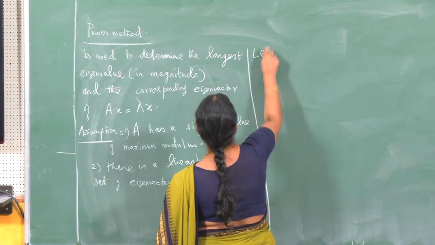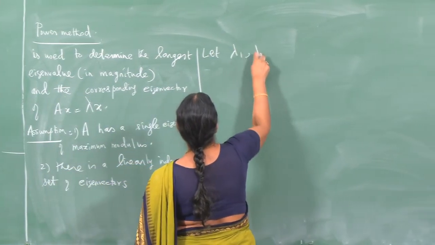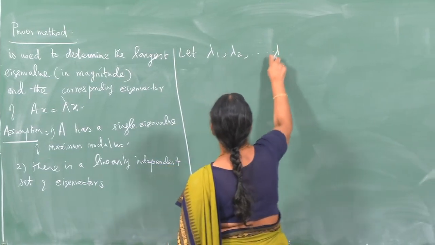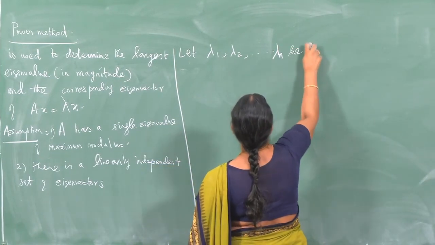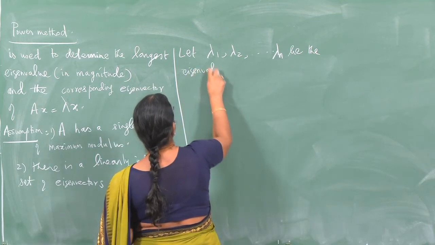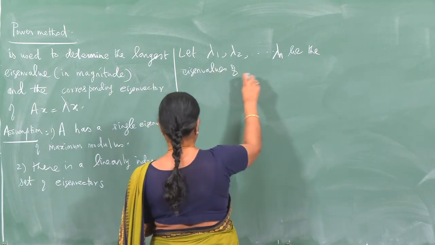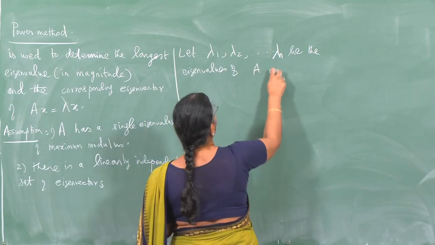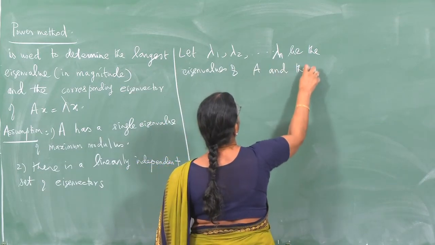So, let us denote by lambda 1, lambda 2, etc., lambda n the eigenvalues of the given matrix A, and that they are distinct.